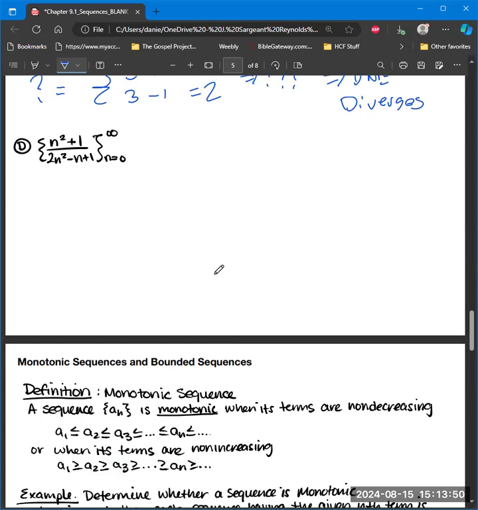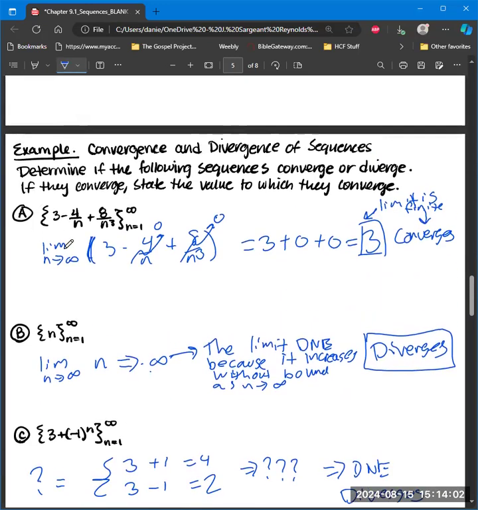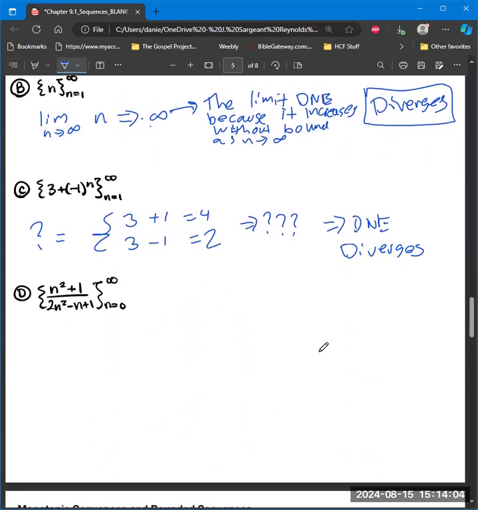Now let's look at this one. Degree of the top and degree of the bottom are the same. So we can use L'Hopital's rule, or we can go back to this idea from earlier on in calculus, and I like that one better because it just gets us to the answer faster. So we're going to say that this is the same thing as the limit as x goes to infinity of x squared plus 1 over 2x squared minus x plus 1.